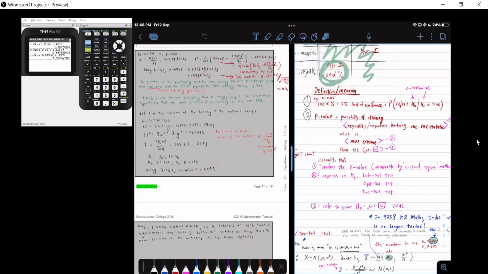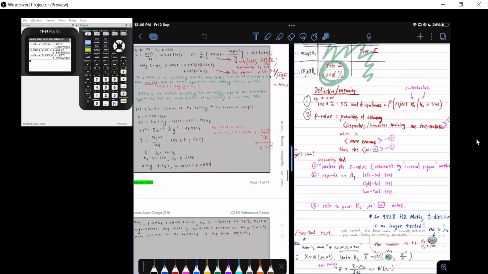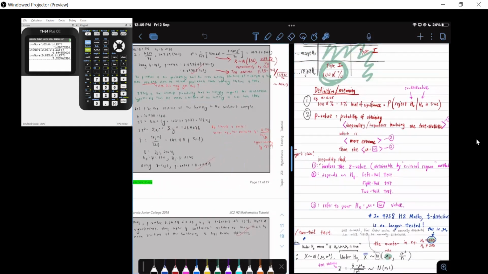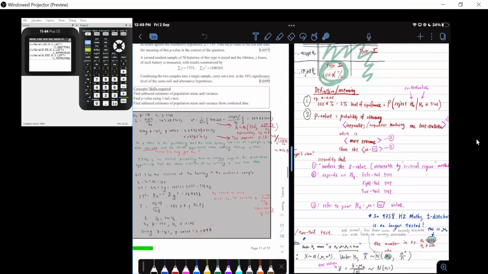So here, let's just look at the template. It's over on the right side. Let's see, does it follow the template? Probability that the mean battery life of a sample is less than 147.39.